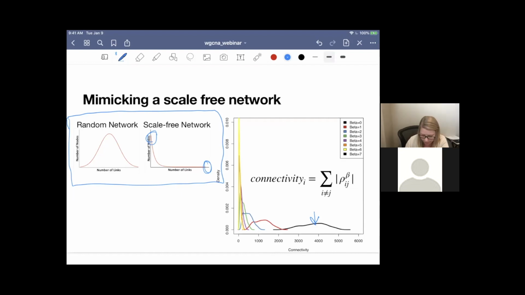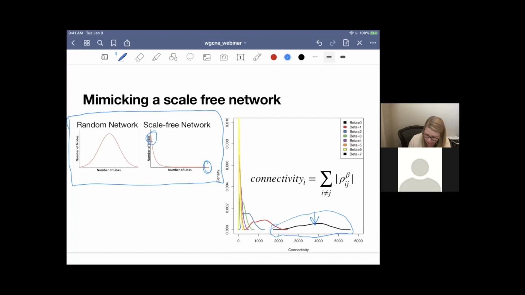It looks rather like a random network when we first see those correlation coefficients. We see a general bump in the middle where most genes have a similar connectivity. So what we do mathematically is take those correlation coefficients, or whatever we're using in our similarity matrix, and raise them to a power.